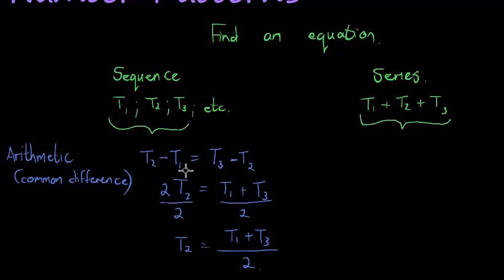If I use terms 7, 8, and 9, I could have just replaced 8 here, 7 here, 9 here, and I would have gotten the same result. In other words, every term is the average of the terms before and after it. That's an interesting result. What it also means is that term 2 is halfway between 1 and 3.